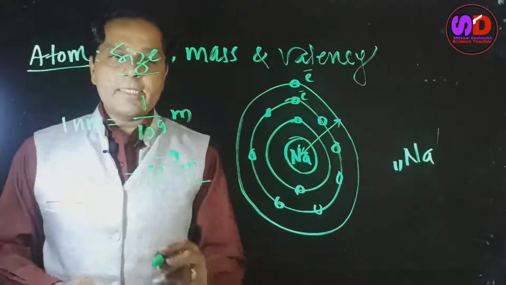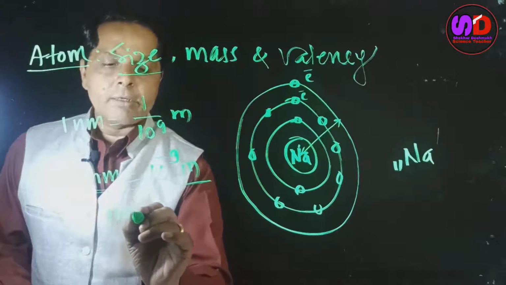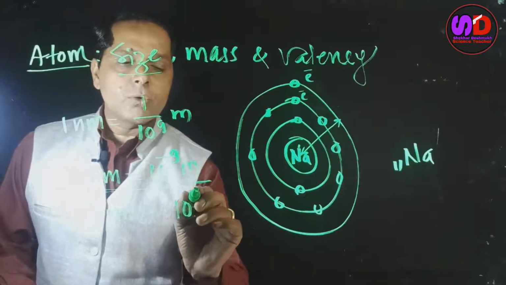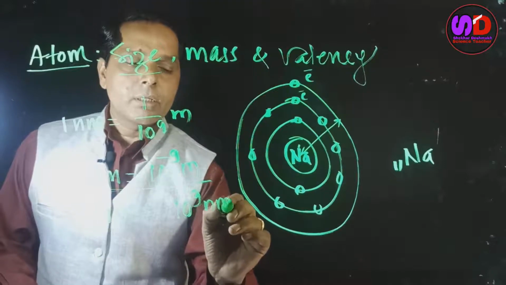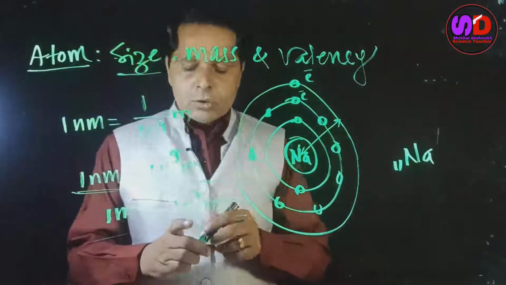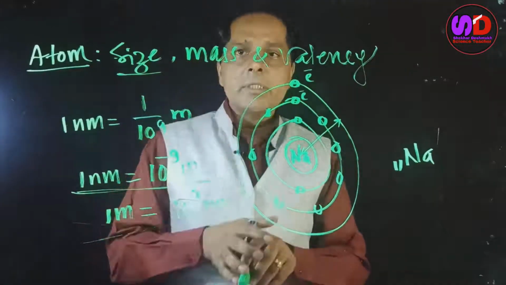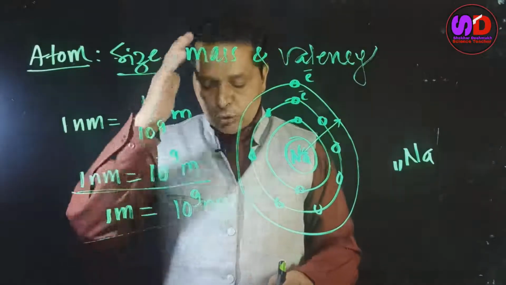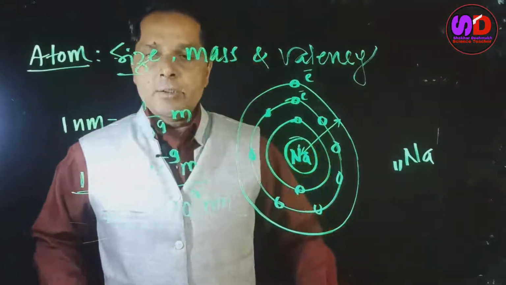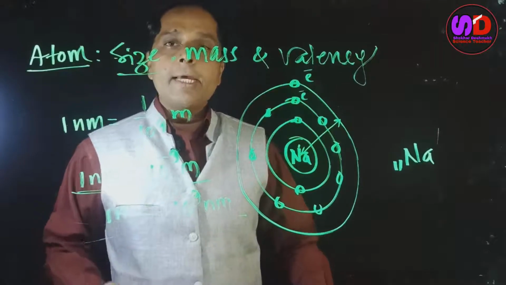The meaning of that is 1 meter is equal to 10 raised to 9 nanometer. So this small the atom is.